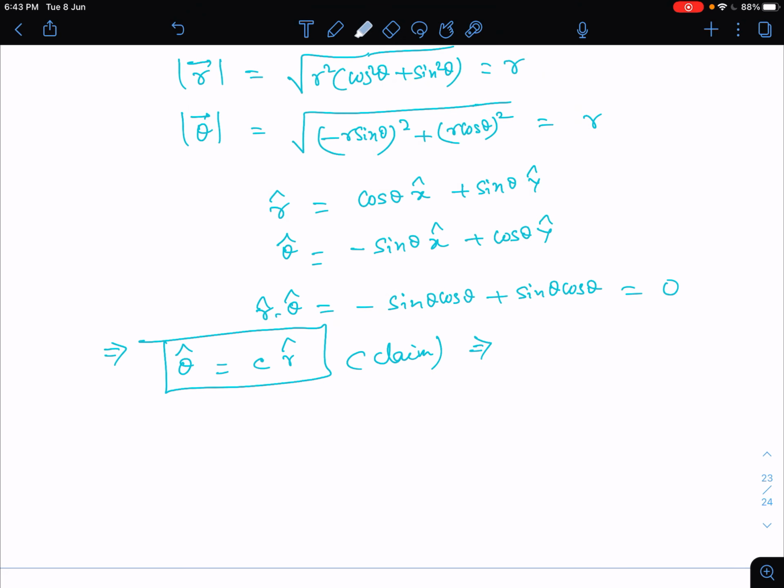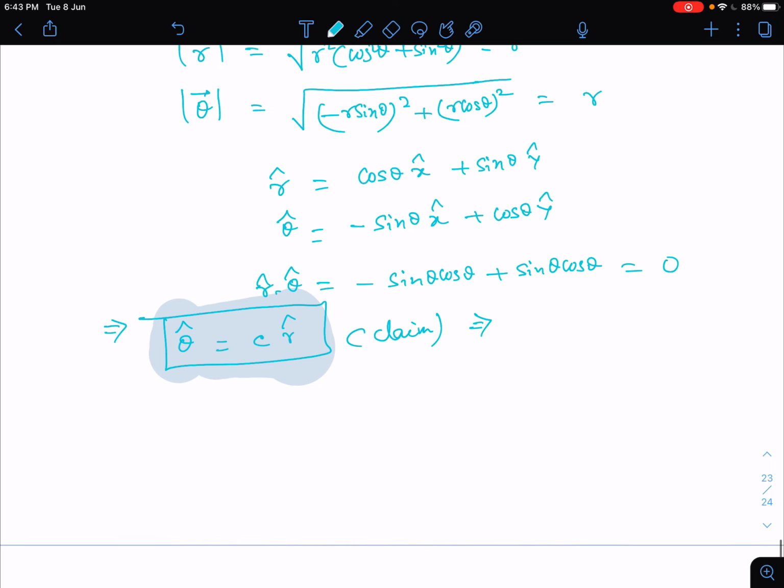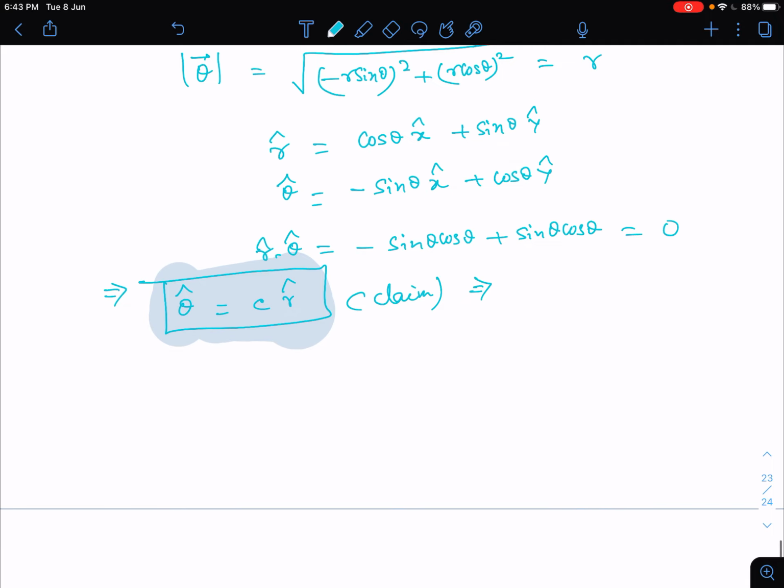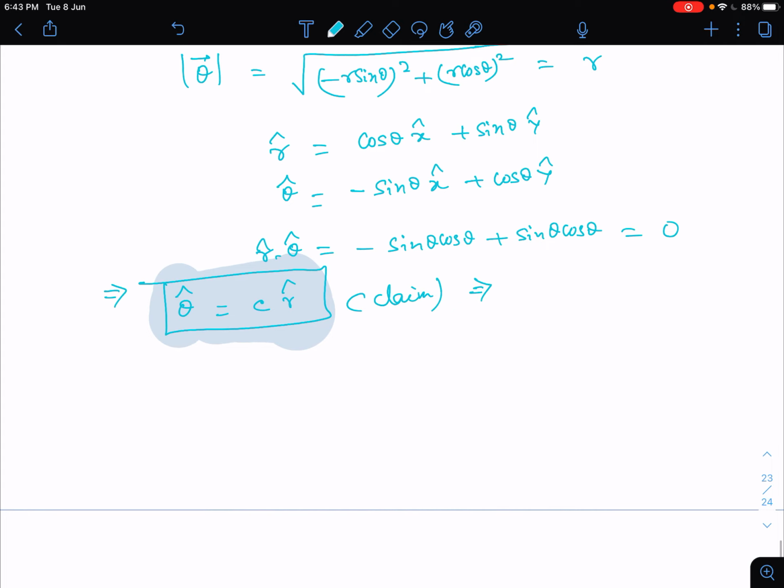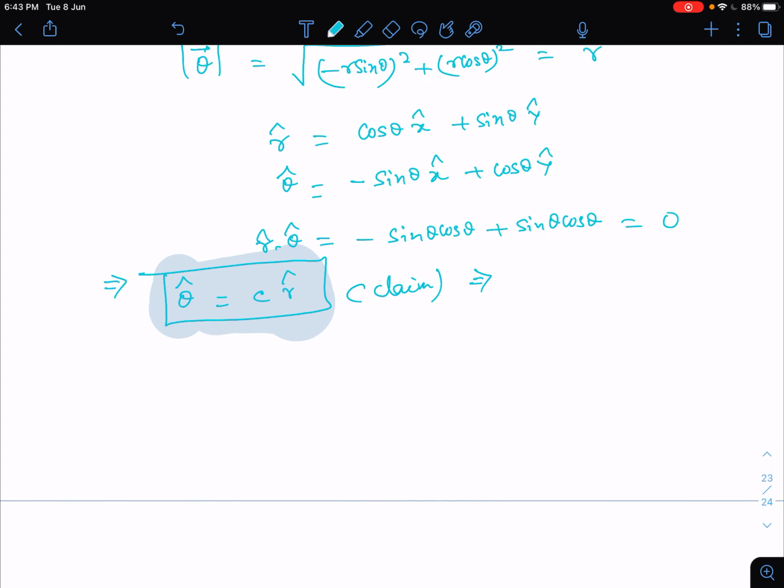The formula for linear dependence says that if they are linearly dependent, we can express theta cap as some constant times r cap. So let's first assume they are linearly dependent, then disprove this claim. That is the only way we can prove that they are linearly independent.